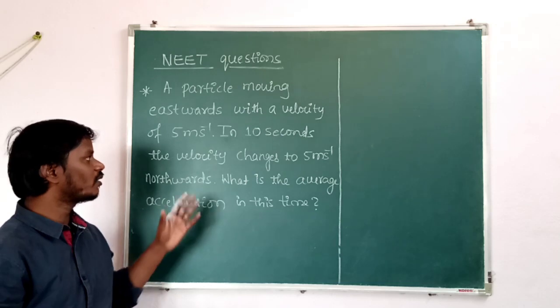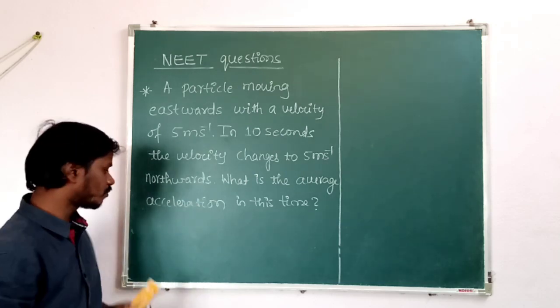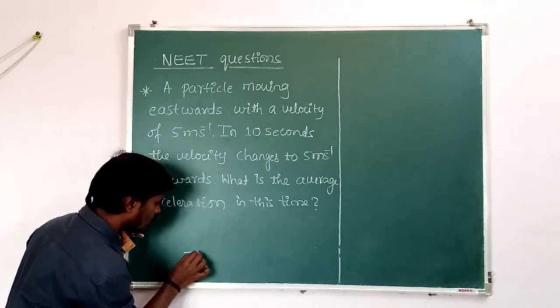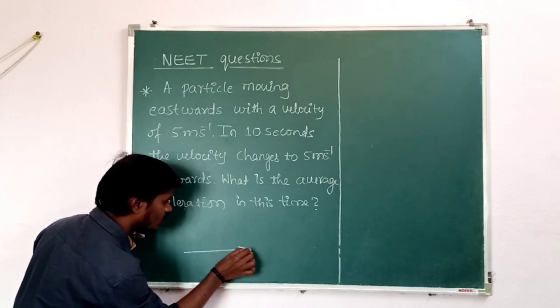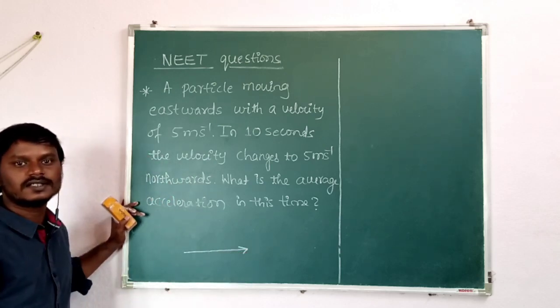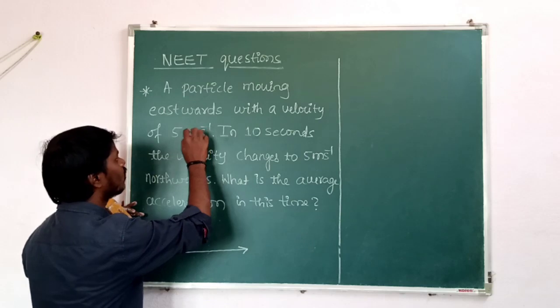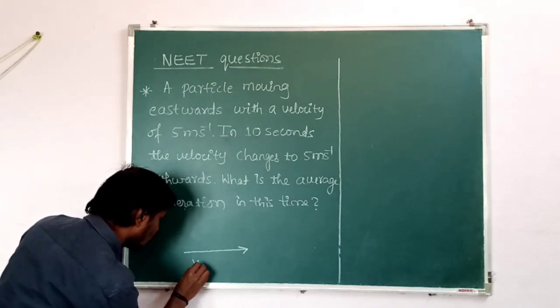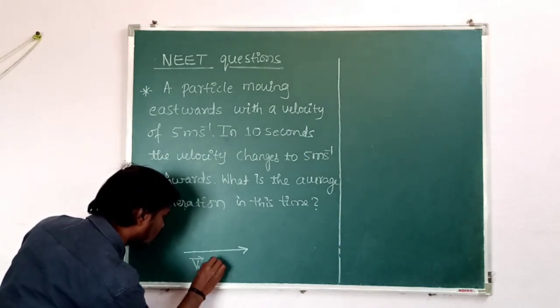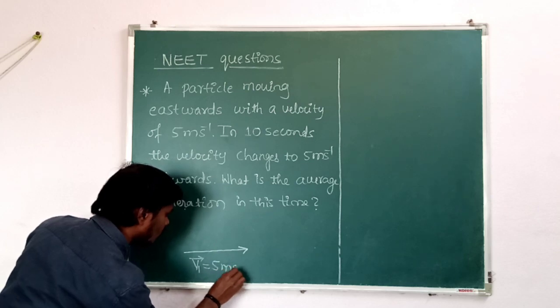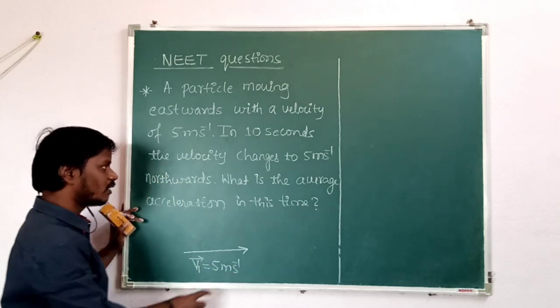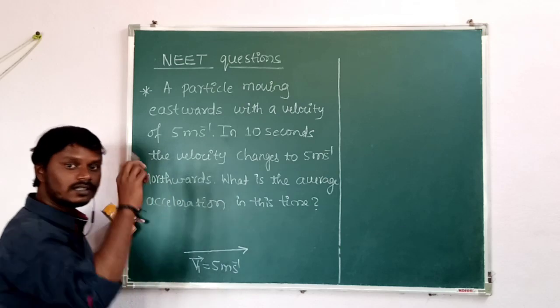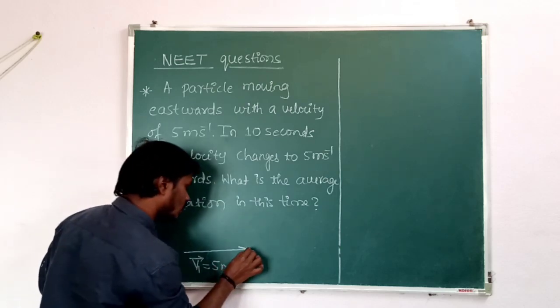See here, according to the question I will draw the diagram. Initially the particle is moving in which direction? East direction with a velocity of 5 meter per second. V1 is equal to 5 meter per second. Then in 10 seconds the velocity is changed to 5 meter per second in the north direction.